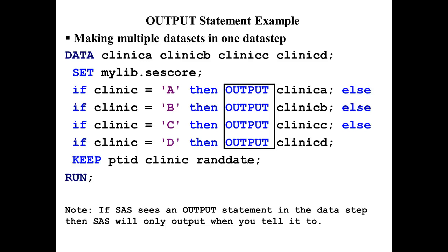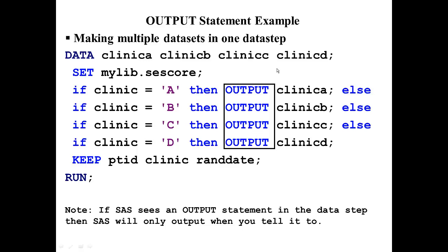Here we have an example where we want to make multiple datasets in one data step. Notice in our data statement, we are listing out 4 different temporary datasets that we want to create within this one data step. We're calling the 4 datasets Clinic A, Clinic B, Clinic C, and Clinic D. And we're bringing in the permanent SAS dataset SE score.